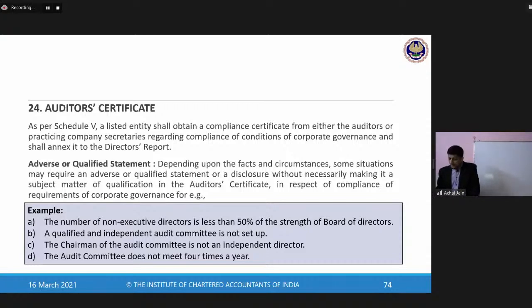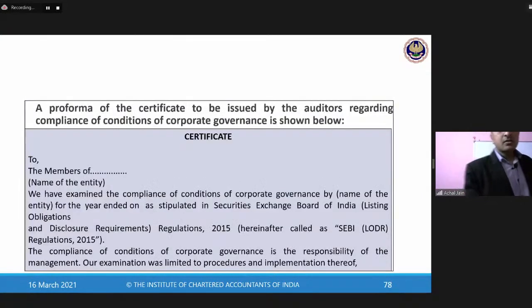Ideally, the audit committee meeting should have been at least 4 during the year, and with the time gap not more than 120 days between 2 meetings, but it didn't take place. So these are some of the examples of those non-compliances which might have taken place, and these are required to be captured there. And these may not really become the qualification sort of.